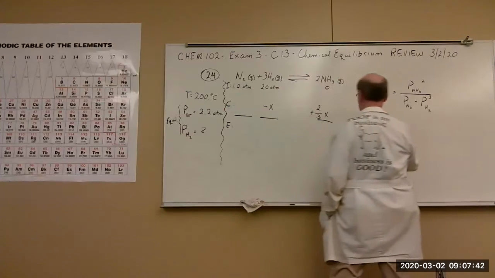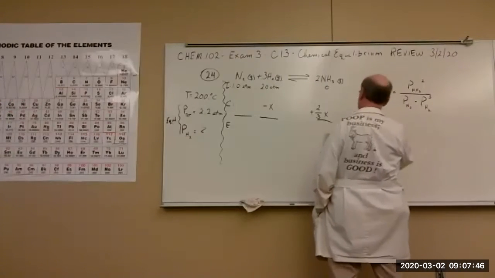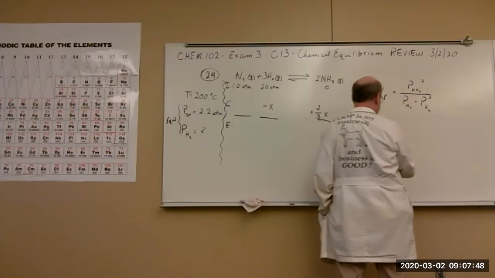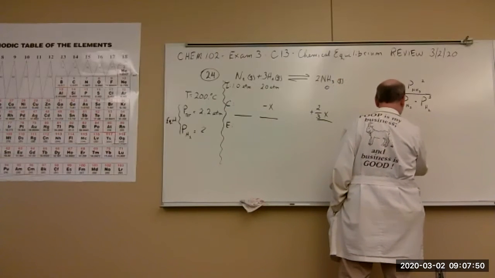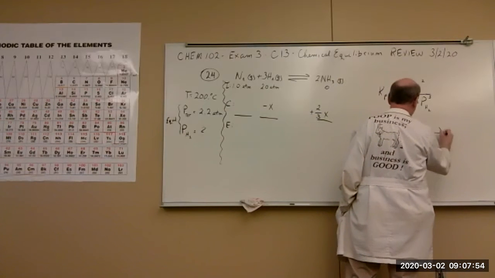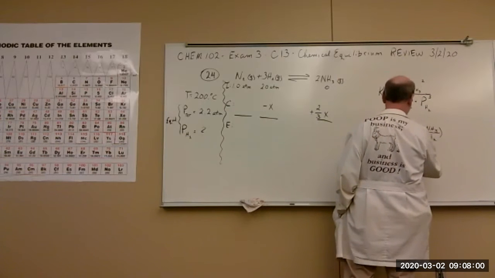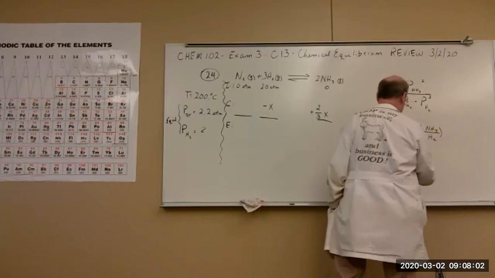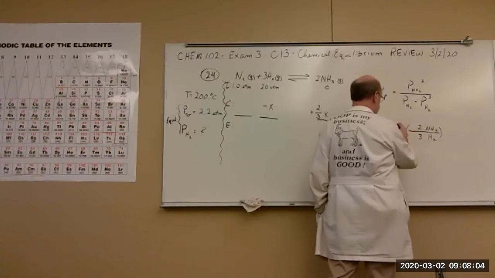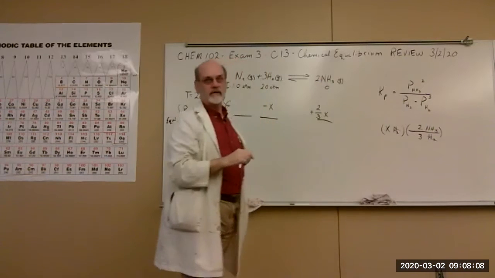Let's look at it this way. If x is equal to the amount of hydrogen that was lost, x hydrogen, then what's our conversion? 3 of these. So this is going to be 2/3 x. That's where I got 2/3 x.